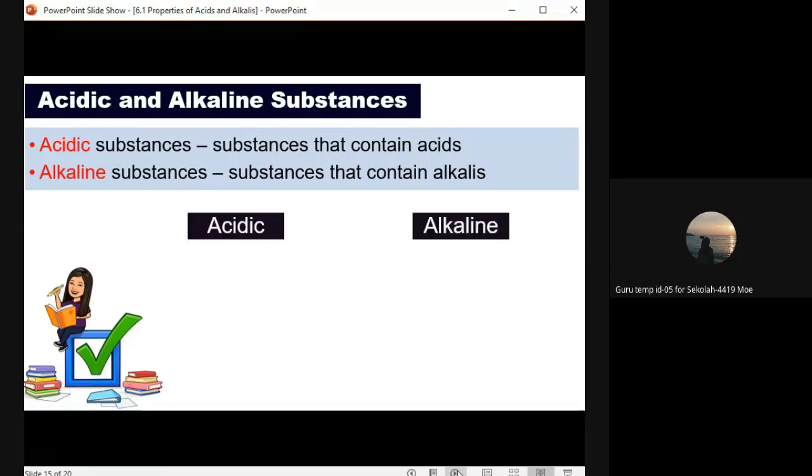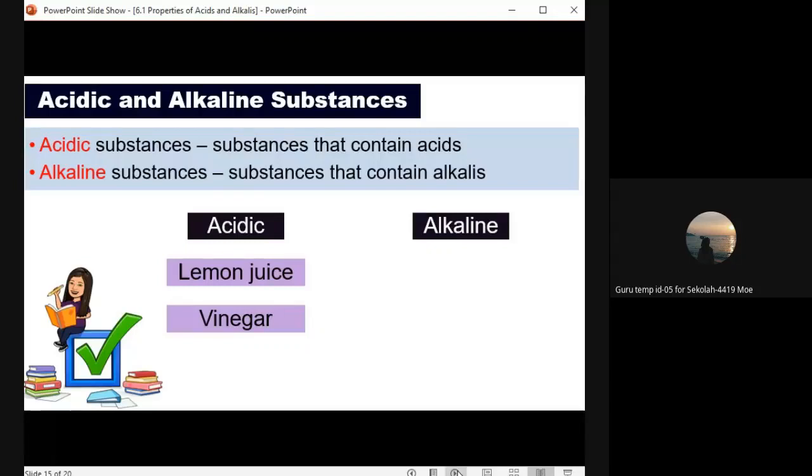Alright, so example of acidic substances. Lemon juice, vinegar. Lagi apa lagi yang kamu tahu? Yang kamu boleh jumpa di sekeliling kamu. Kebanyakannya minuman lah kan? Orange juice, yes. Pineapple juice. Lagi?